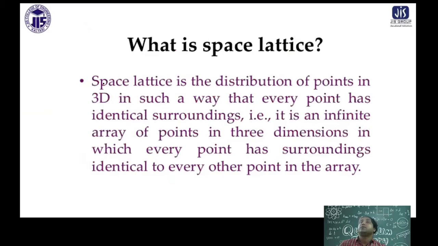That is, an infinite array of points in three dimensions in which every point has surroundings identical to every other point in the array. The array is an infinite arrangement of points in general. That is the basic definition of array.